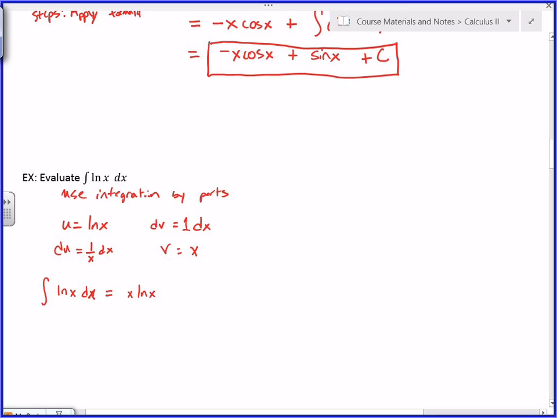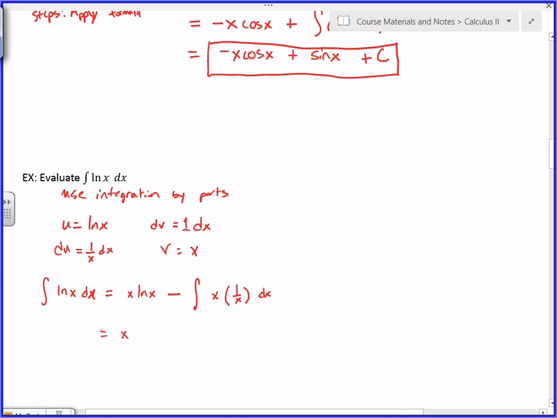So I'm going to write that as x log of x minus integral of v, which is x, times 1 over x dx. There's v du. Integral of u dv is uv minus integral v du.